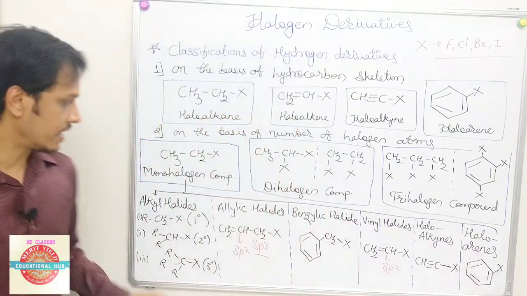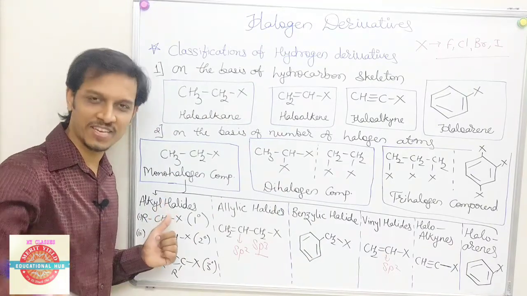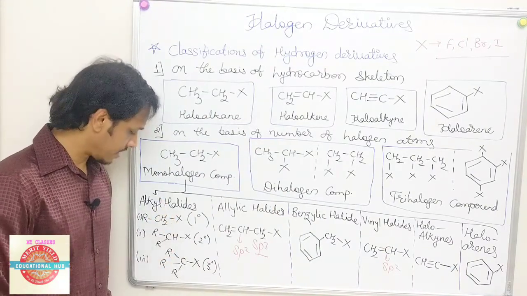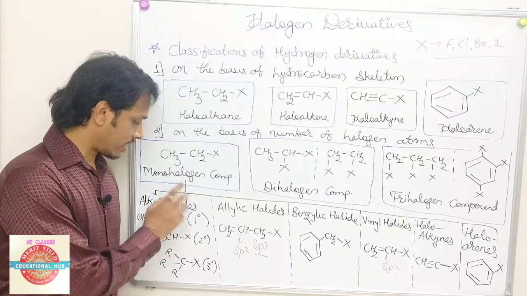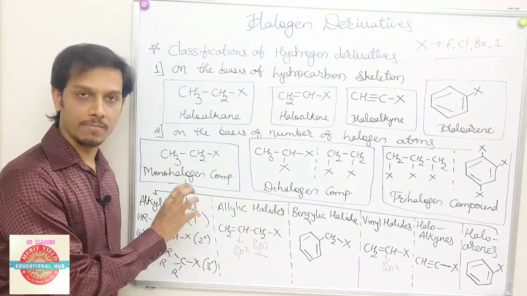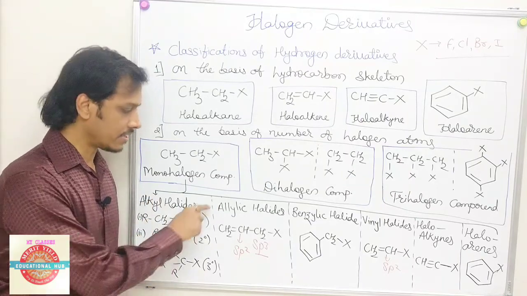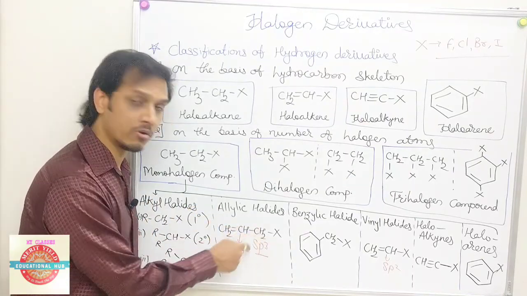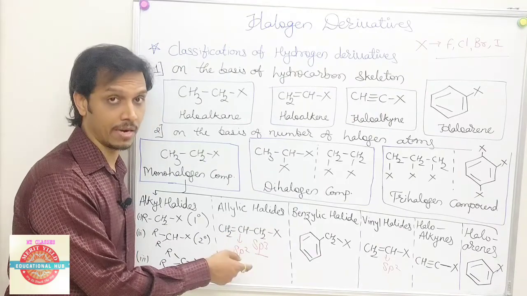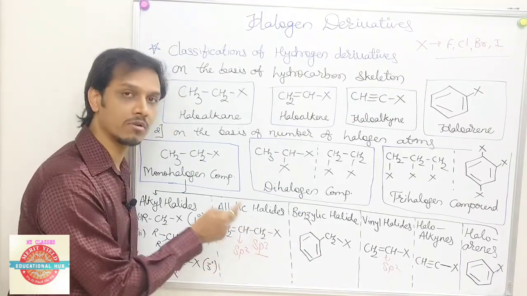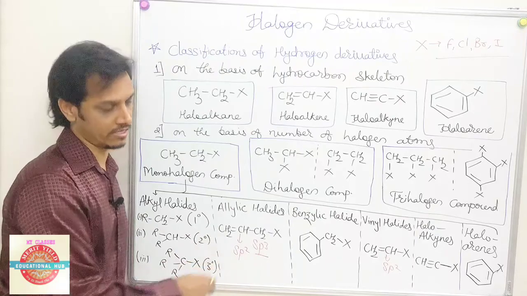So once again, the classification of monohalogen compounds is alkyl halides, in which primary, secondary, tertiary alkyl halides; allylic halides, in which halogen is bonded to a carbon, that is a sp3 carbon atom, but that C is bonded to a carbon which is sp2, that is double bonded system.